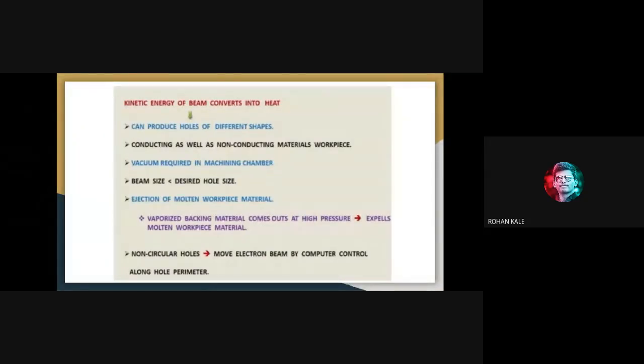Okay. Also, another thing, please remember this point. For the electron beam machining process, vacuum is required. Now, why is vacuum required? Its answer I'm going to give in the next slide.